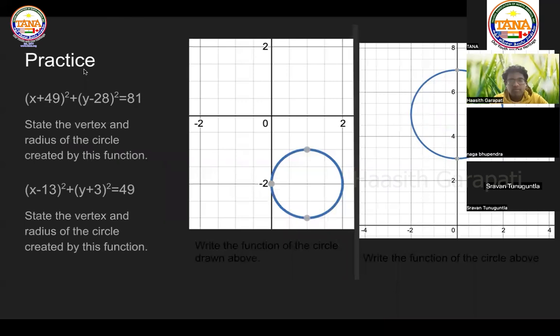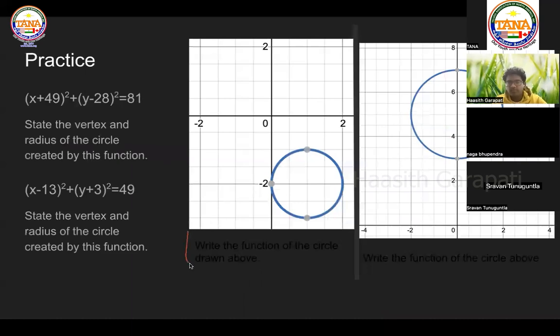We'll move on to some practice to help you understand this. So using the information that I just told you, I want you to state the vertex and radius of the circles created by the function for the first two.